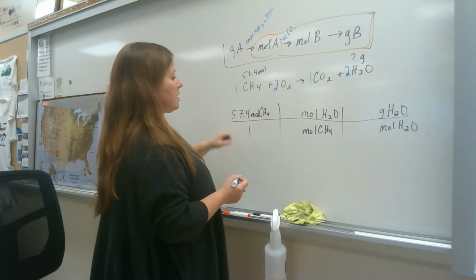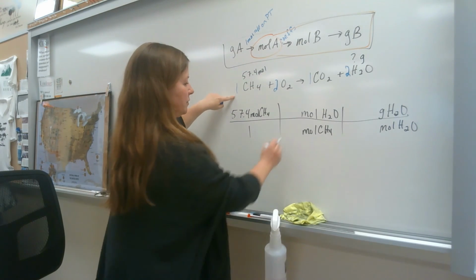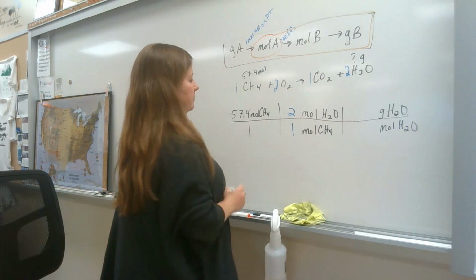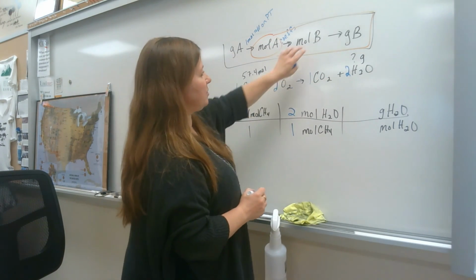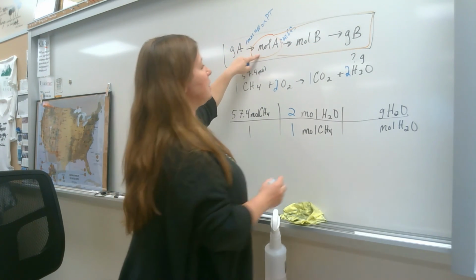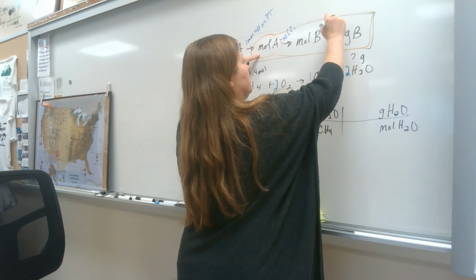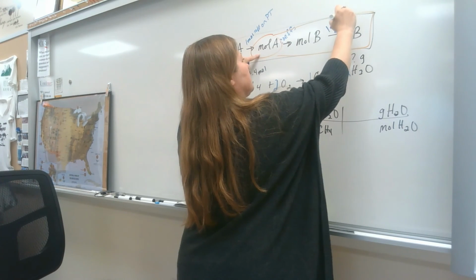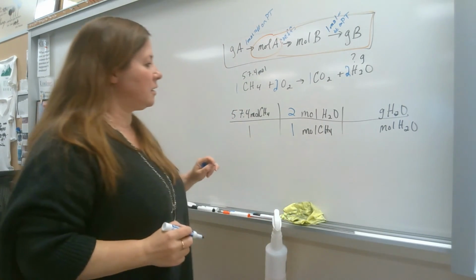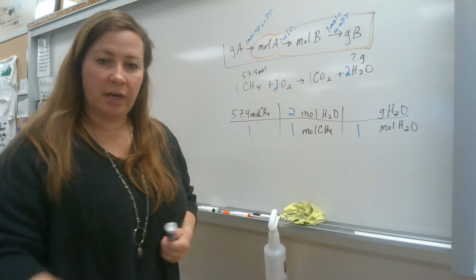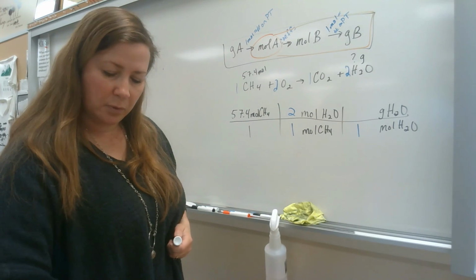To go between moles and moles we use the coefficients. So we'll say 1 for CH4 and 2 for water. And then to go between moles and grams, just like grams and moles before, we'll use 1 mole equals the number on the periodic table. And then we got to look on the periodic table to find the mass for water.